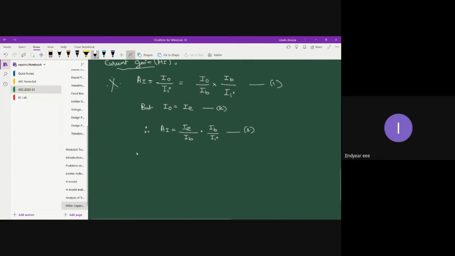Also we know that IE is equal to 1 plus beta D times IB, or approximately you can write it as beta D times IB.